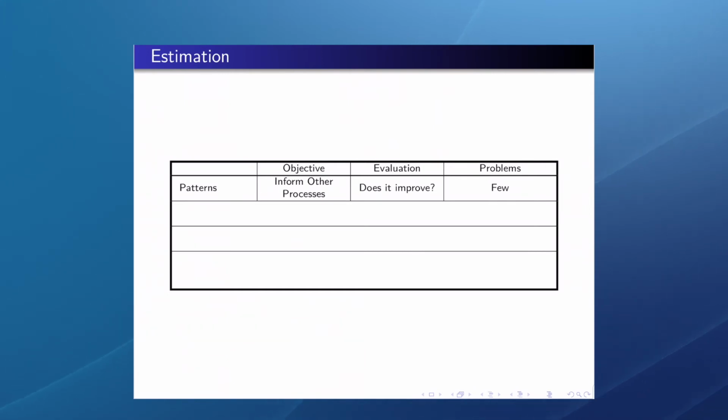So let me just tell you a little bit. We have techniques to detect patterns in the data. They tend to be used, for example, to inform other statistical processes. And typically, what we want to know is whether those patterns help us inform the next procedures. There are very few problems in that world, but it's about detecting patterns. In forecasting, stability remains the most important issue.